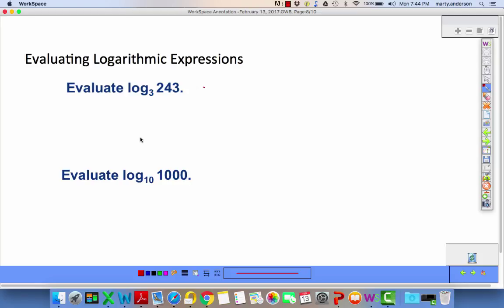3 to what power equals 243? Couldn't I just write it like this? Isn't this a problem from 7-2 now? 3 to what power? 3 to the 1 is 3. 3 to the 2 is 9. 3 to the 3 is 27. 3 to the 4 is 81. 3 to the 5 is... It's not 81, it's not 243 either. It's 160 something.